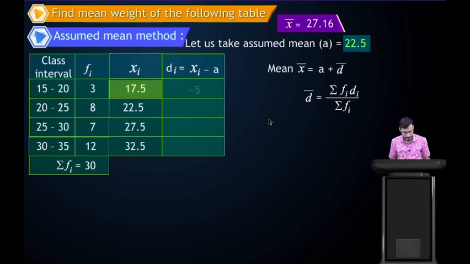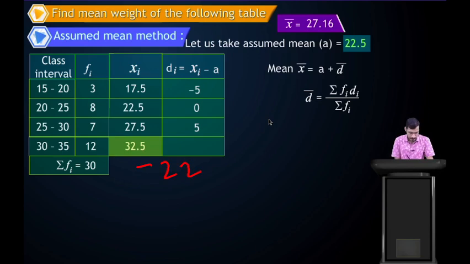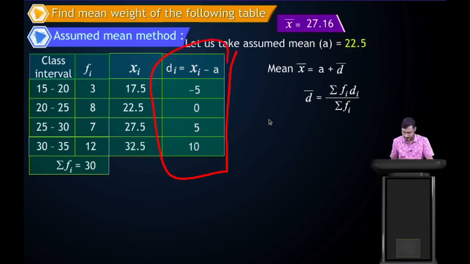We subtract 17.5 minus 22.5 and write the next column. That is minus 5. 22.5 minus 22.5 is 0. 27.5 minus 22.5, we get 5 here. And 32.5 minus 22.5, the answer is 10. So that is the column di.